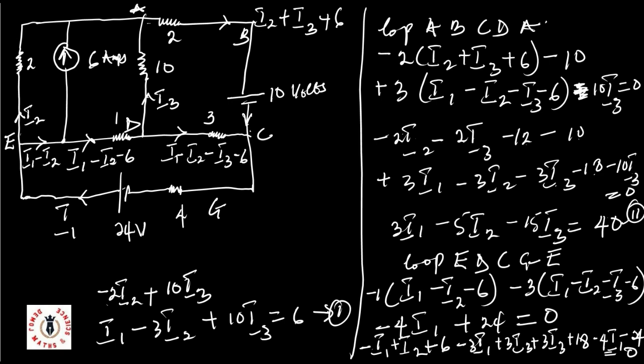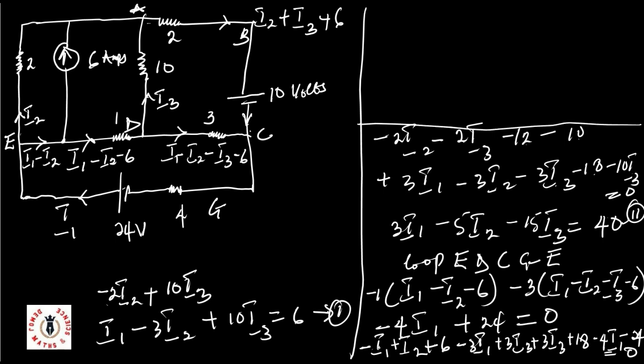I'm trying to manage space, but let's create space at the top. Conclusively, I have minus I1 minus 3I1 minus 4I1, that's minus 8I1.